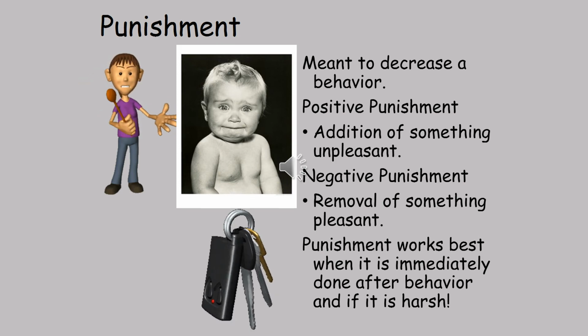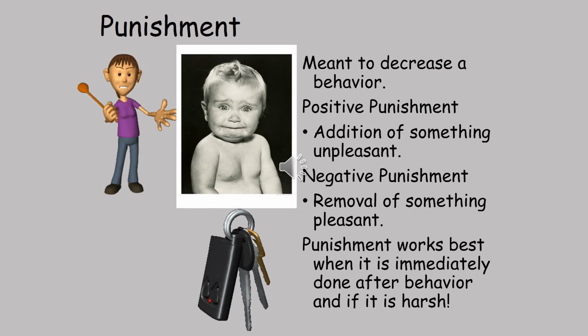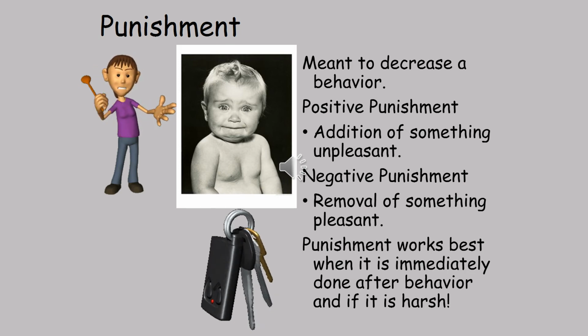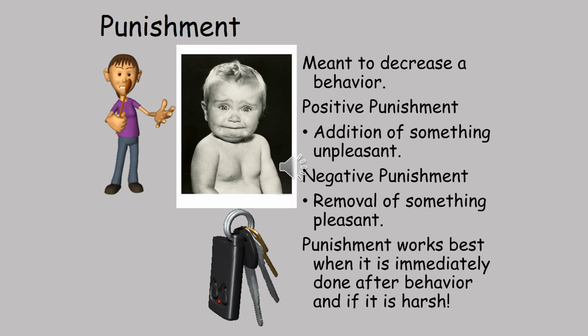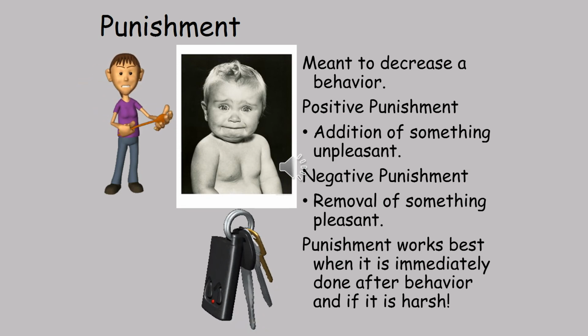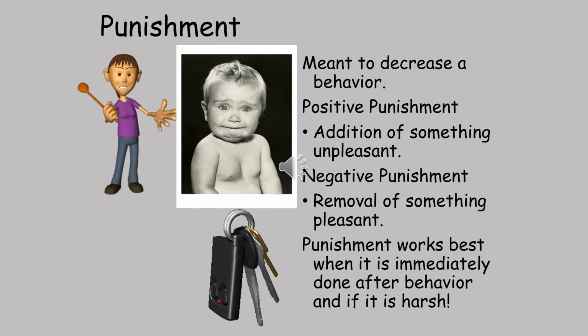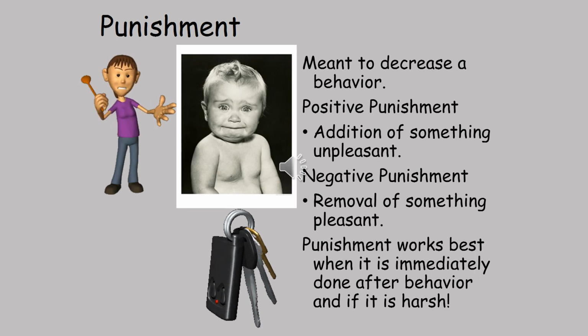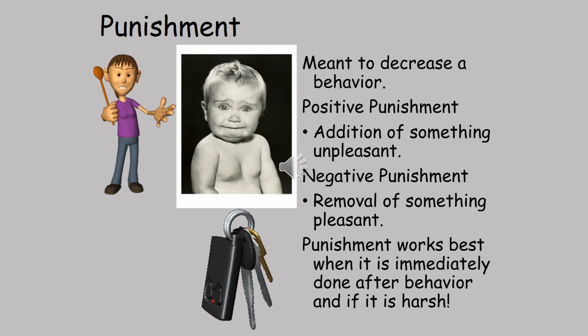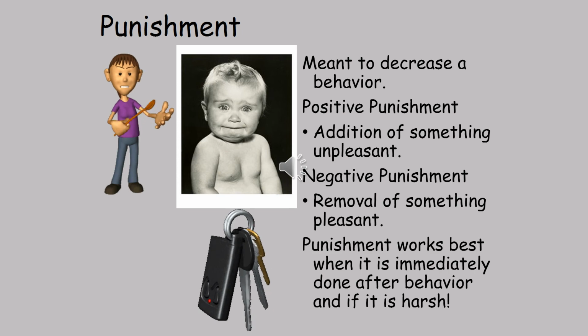You want to add something unpleasant to stop someone from doing something. So if a child does something wrong, a spanking on the behind would be a positive punishment. You're adding something unpleasant to stop the behavior.